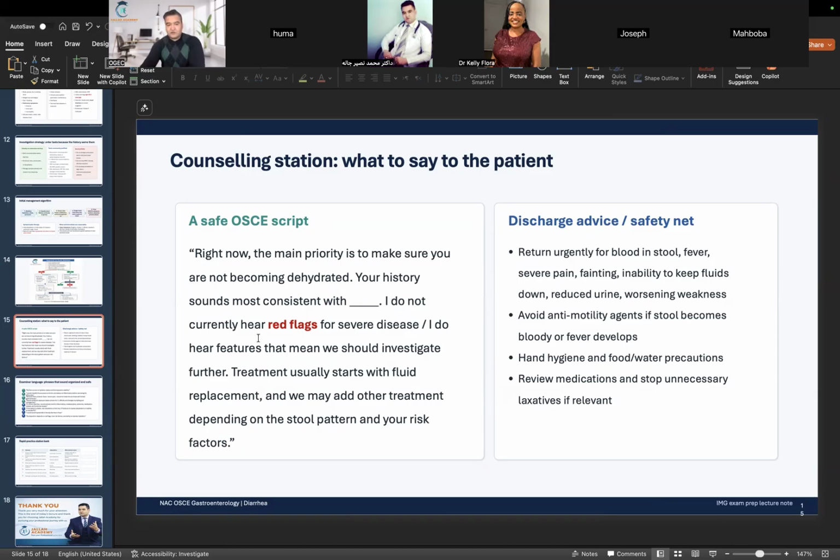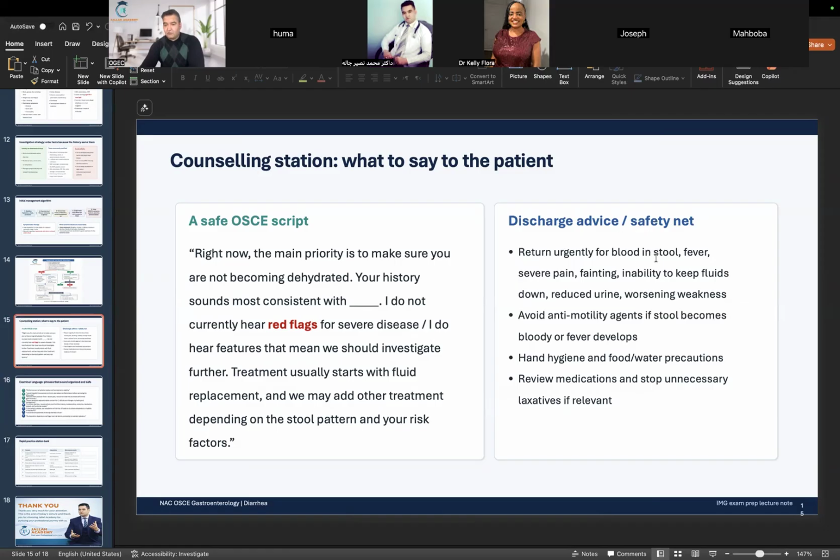I do not currently hear red flags for severe disease. Or, I do hear features that mean we should investigate further. Or maybe you should say that I don't hear any, so I don't have to do further investigation. Treatment usually starts with fluid replacement, which in all cases will be the same, and we may add other treatment depending on the stool pattern and your risk factors. Discharge advice and safety net.